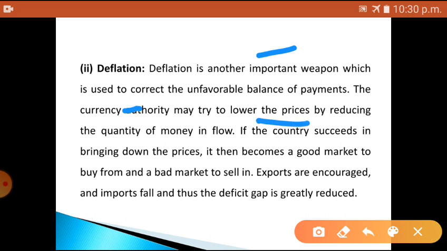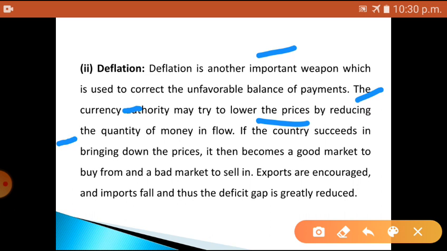How should it reduce the price? By reducing the quantity of money in flow.